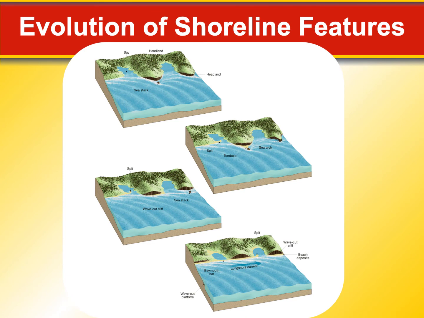Looking at the top picture here, you've got a bay, you've got a headland there, two headlands, actually three headlands, and there's a little sea stack out there that's marked on that. So it's a little bit of a rock that's left from the mainland where you had a sea arch that collapsed. In the second picture down, you actually have a sea arch. It's a little hard to see.